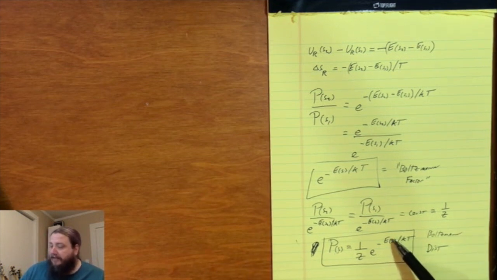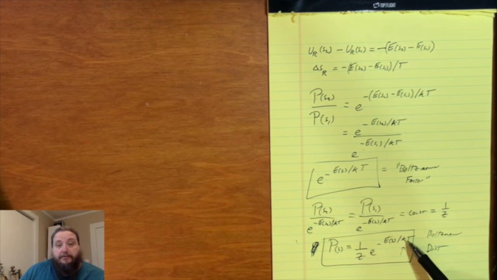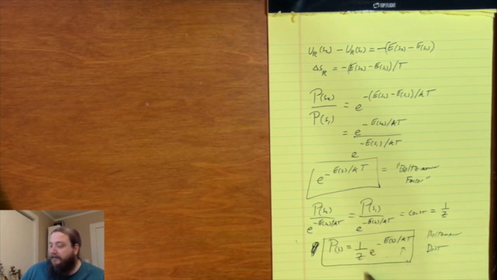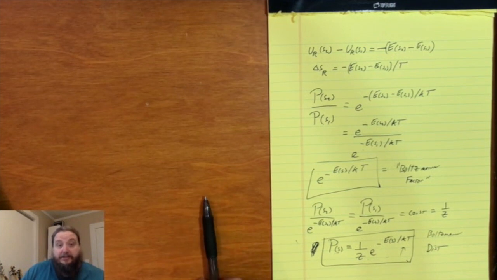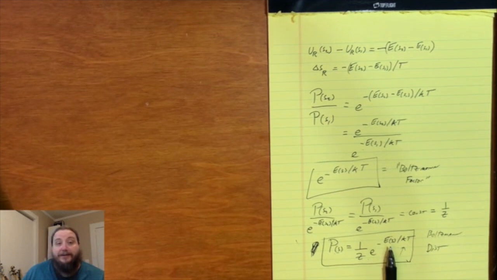And if a particular state has an energy well above the ambient thermal energy kT, then this Boltzmann factor gives an exponential suppression of the probabilities, right? So if you have an energy in your eigenstate that's way above the thermal energy of your environment, then that eigenstate is going to be sparsely populated.